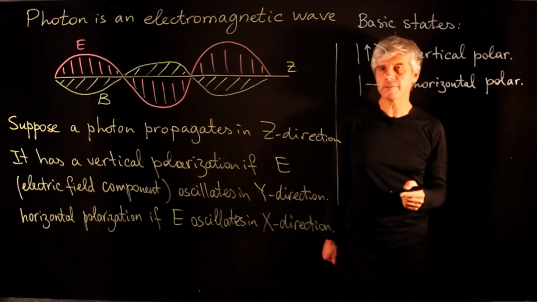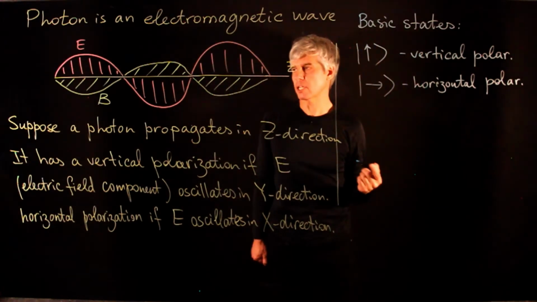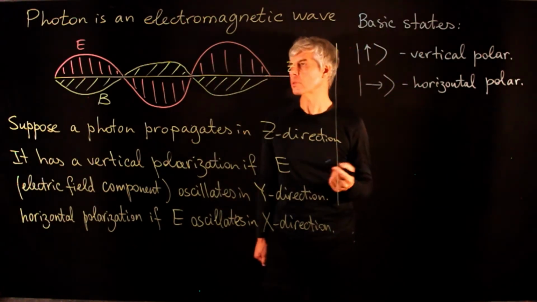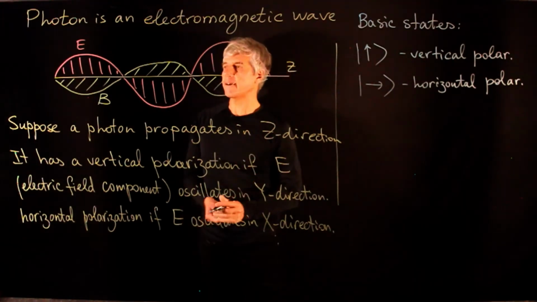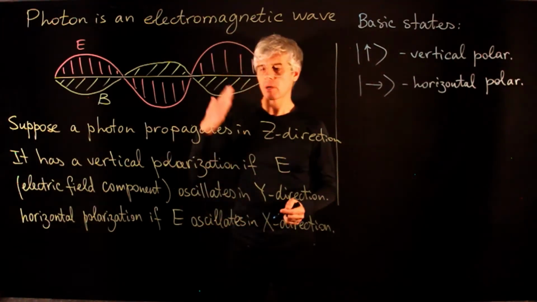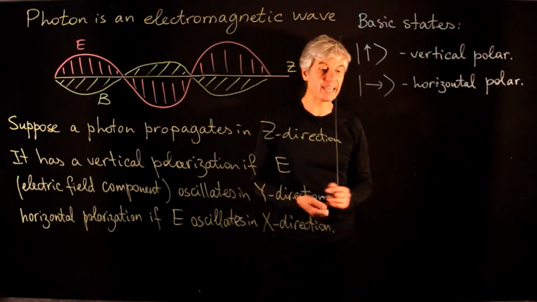Now, do we have any other polarization states? Of course we do. For example, we could have polarization of a wave which is at an angle, right?